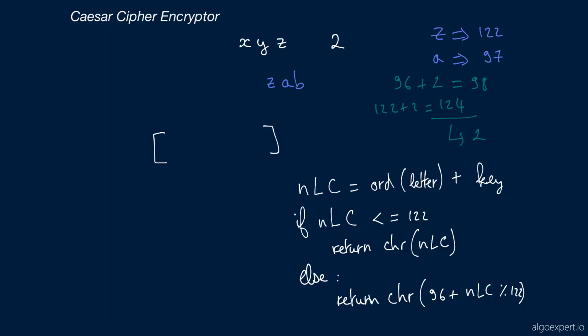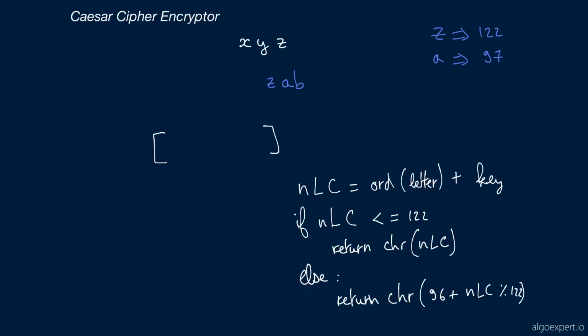Now, before we dive into a different way of solving this, we have to talk about a slight edge case, which your interviewer might bring up if you don't catch it yourself. And that's what happens if the key is like a big number. So instead of having a key as 2, let's say our key is like 53.